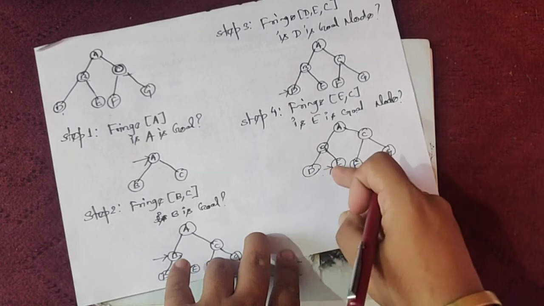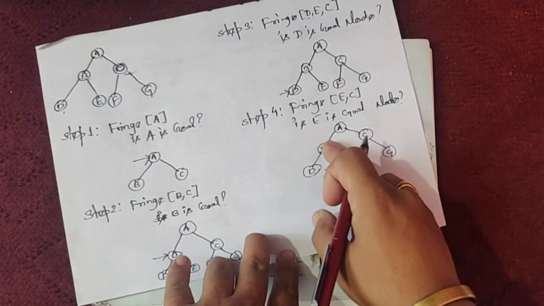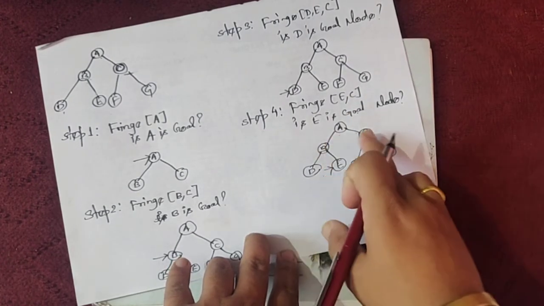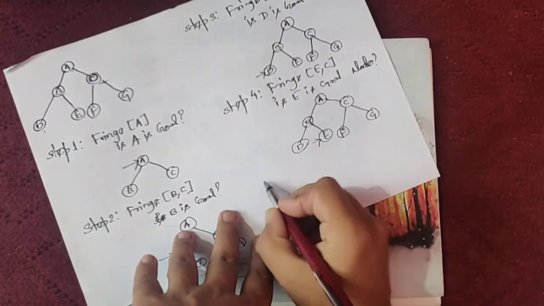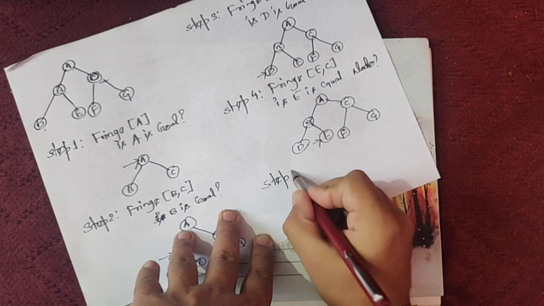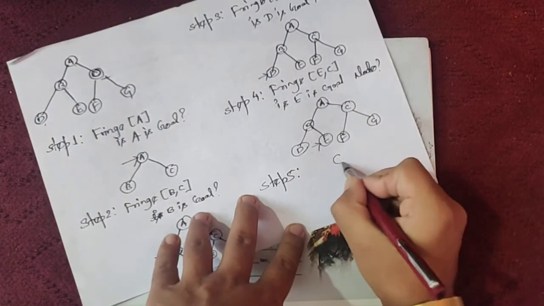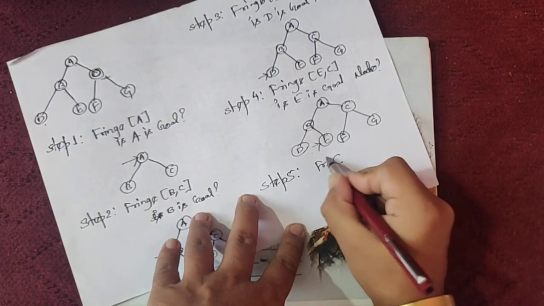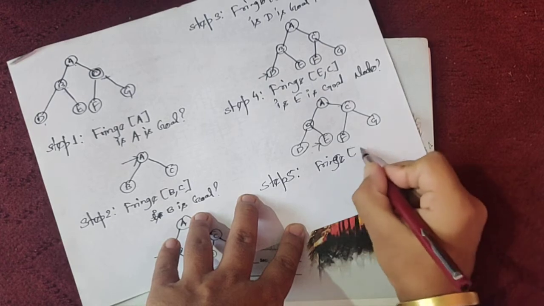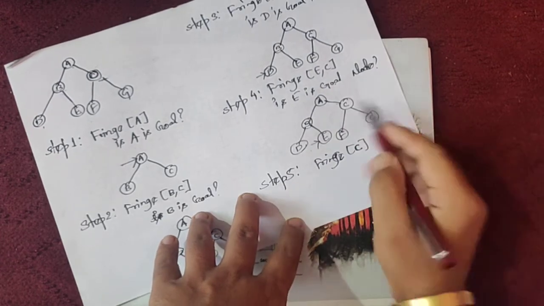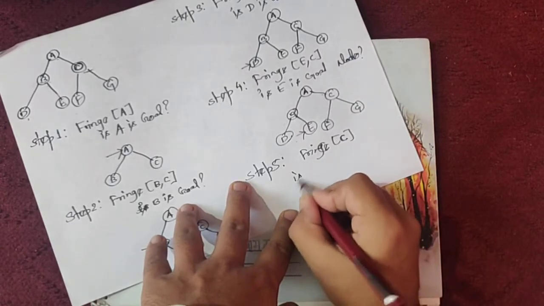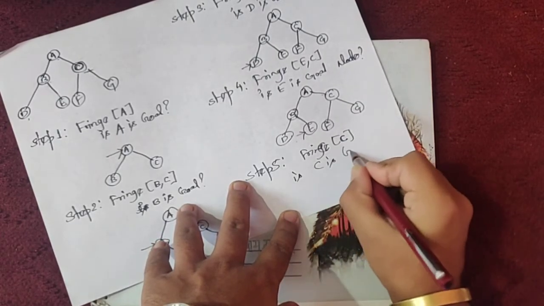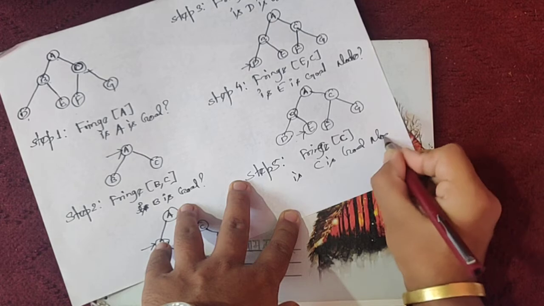So these two are not goal nodes, so we move upward, back, and we move to the next node of A, that is C. So step 5. Okay, friends, C is the remaining fringe after removing E. C is the goal node.